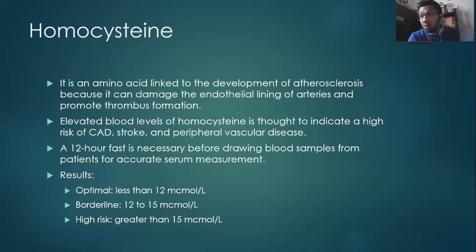It's the brain counterpart of heart attack. We rarely call it a brain attack, and it's commonly called a stroke, or in medical terms, a cerebrovascular accident. And also the development of peripheral vascular disease.